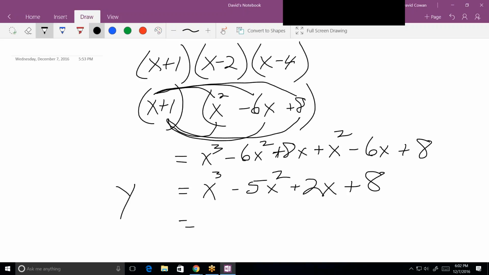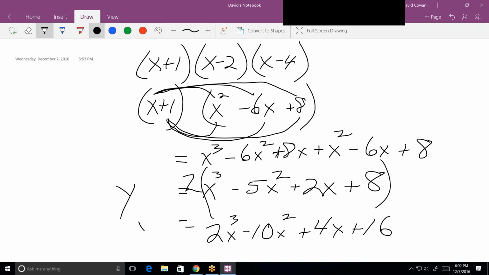I don't know. Well, what I would have to do is multiply the whole thing by 2 in order to give that lead coefficient. That's what I would do. So that would become that minus 10x squared plus 4x plus 16.